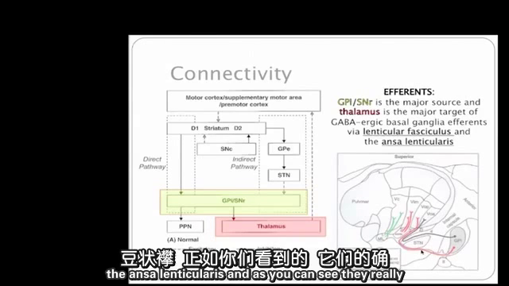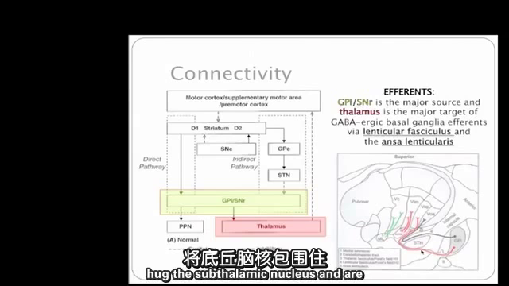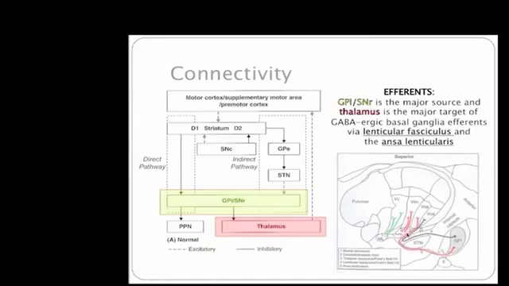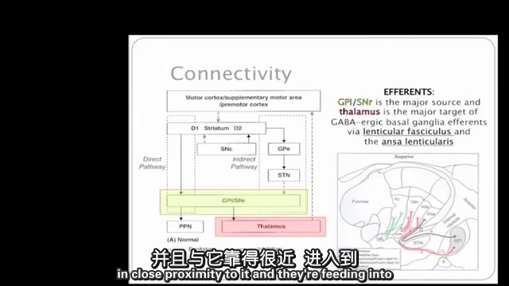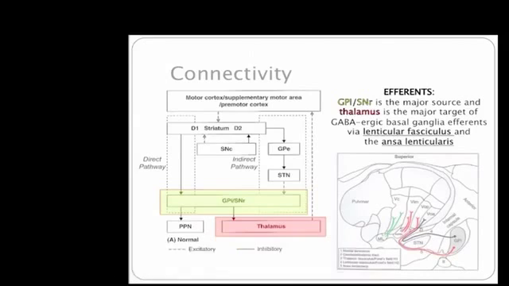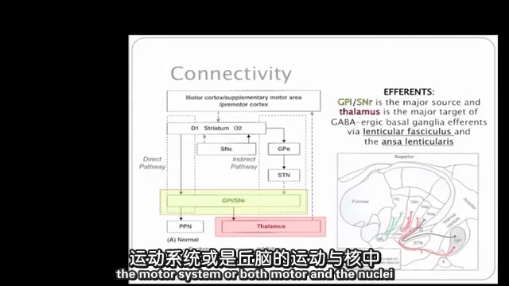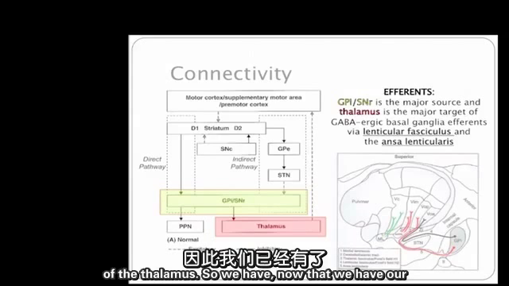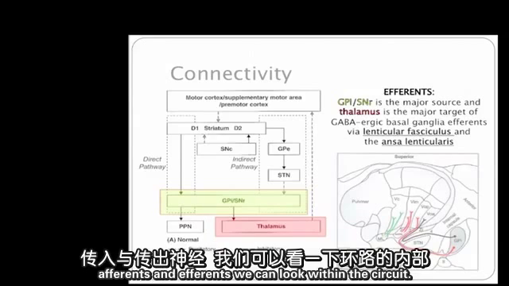And as you can see, they really hug the subthalamic nucleus and are in close proximity to it, and they are feeding into the motor system, or the motor nuclei of the thalamus. So now that we have our afferents and efferents, we can look within the circuit.